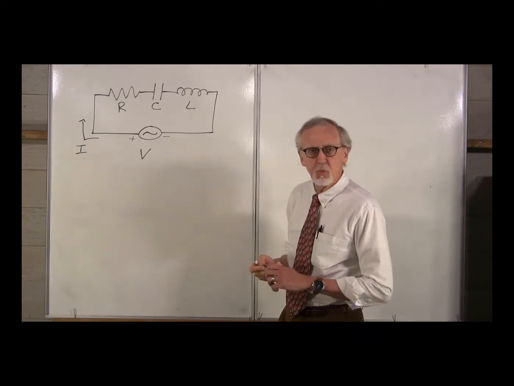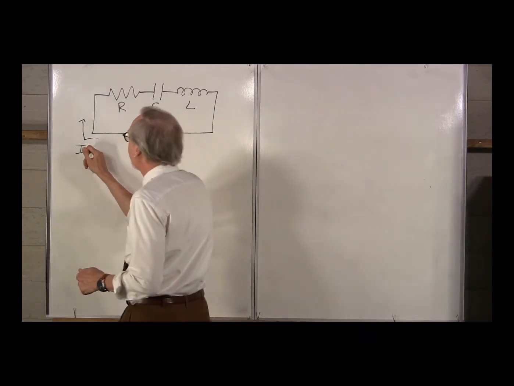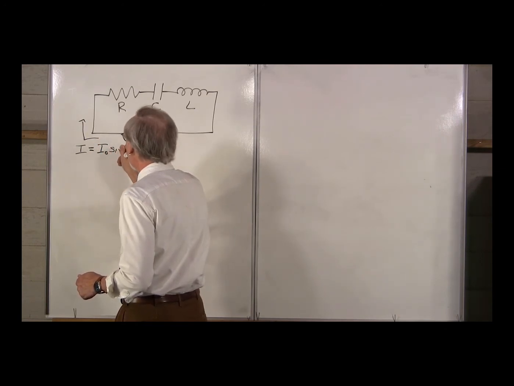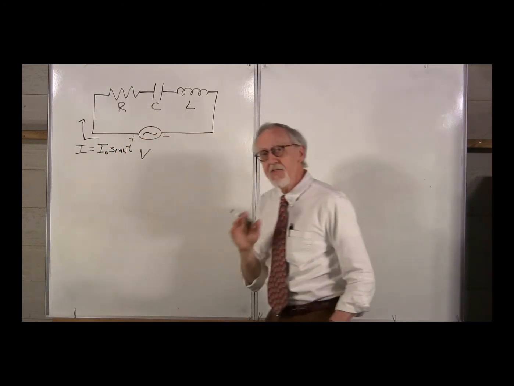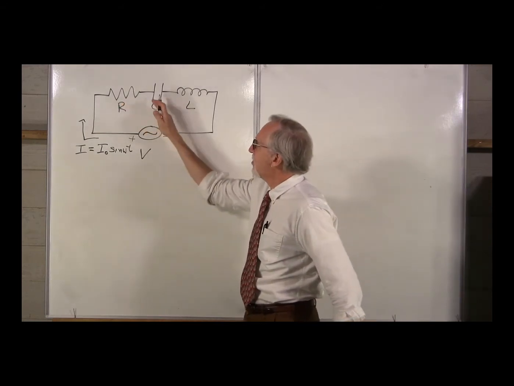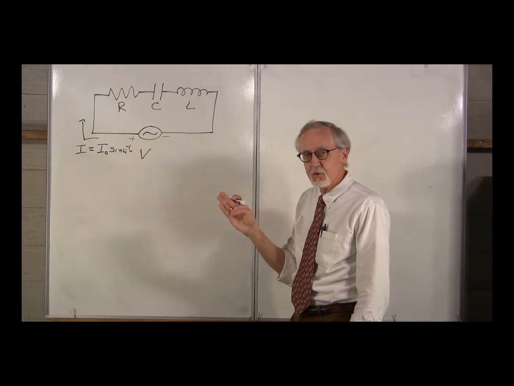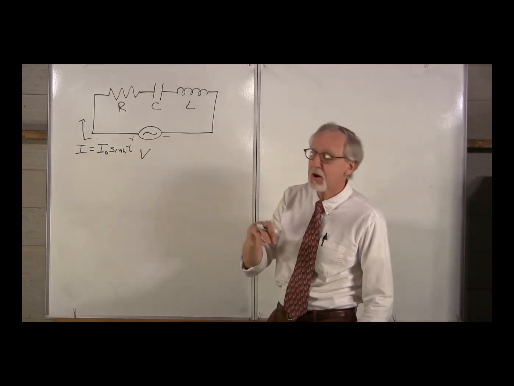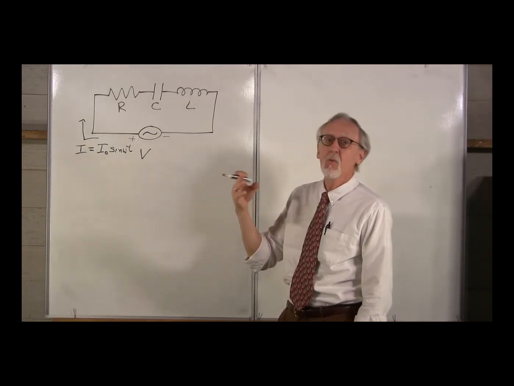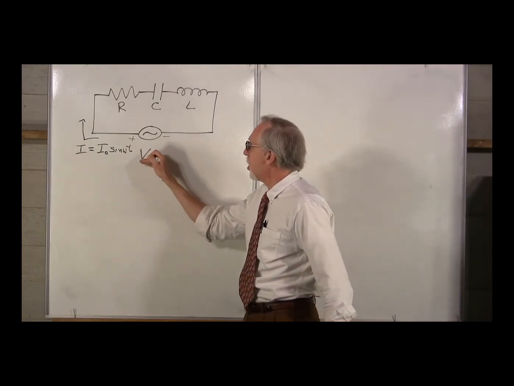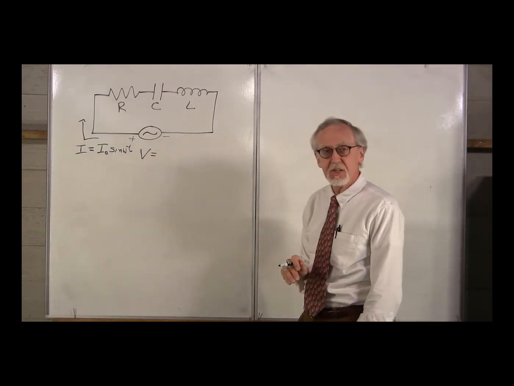So in this case, we're going to define our current as I equals I naught sine omega t. And then we'll figure out how the phases of the voltages are different across each one. We know the resistor will be in phase, one will be ahead, one will be behind. And then we'll add them all up to figure out what's the total voltage.